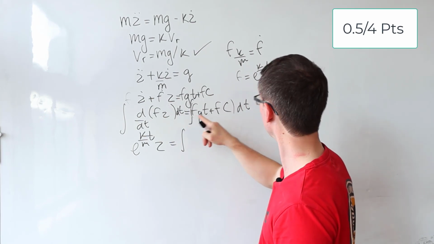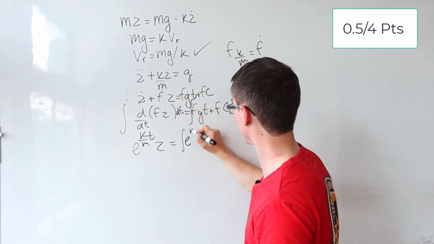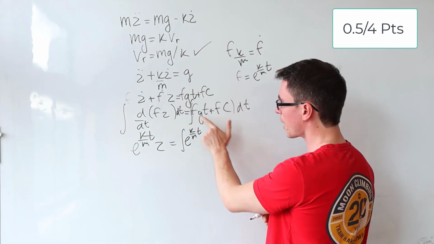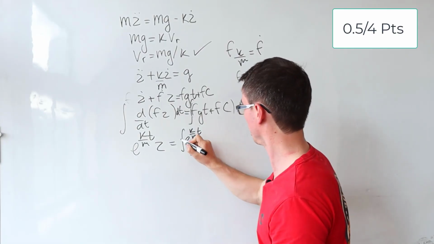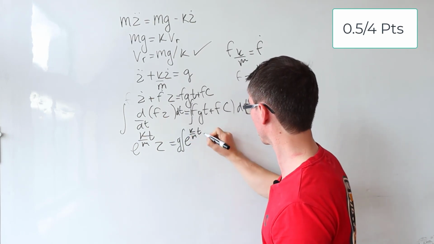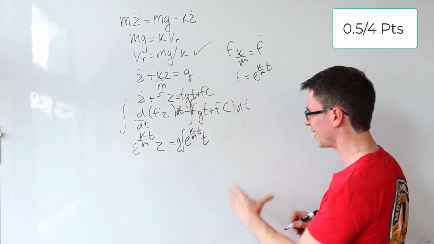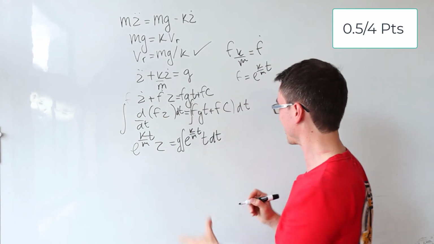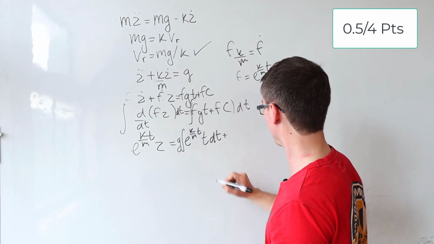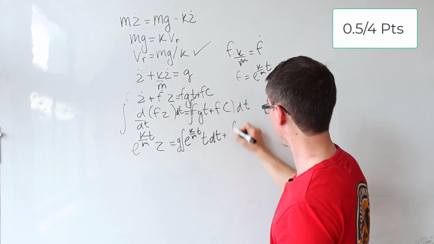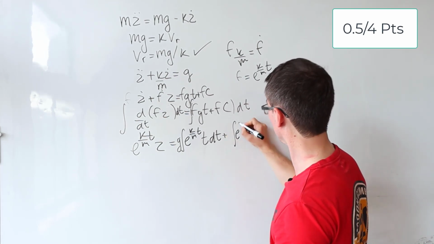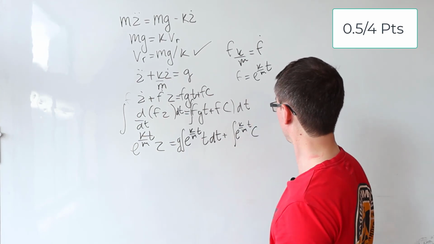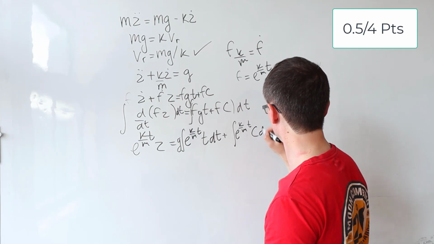So it will be the integral of f, which is e to the k over m t, times g t, but because g is a constant, I'm just going to take that outside of the integral sign, multiply this by t. Oh no, I'm going to have to be integrating this by parts yet again in a minute. So plus the integral of f, which is e to the k over m t, times this constant dt.